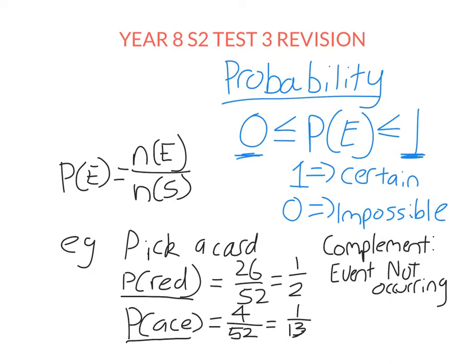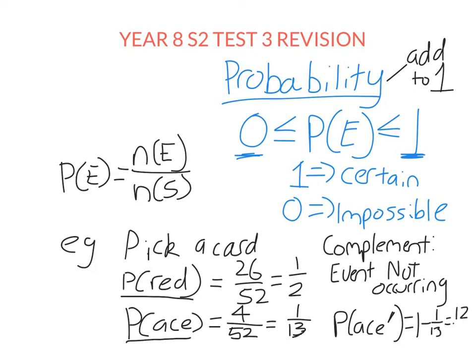The rule is that probabilities always add to 1, in exactly the same way that percentages add to 100%, because 1 and 100% are exactly the same number. If you know the probability that I get an ace, the probability that I don't get an ace, which is what this little dash means, not, is just 1 minus the probability I do get an ace, which is 12 over 13.